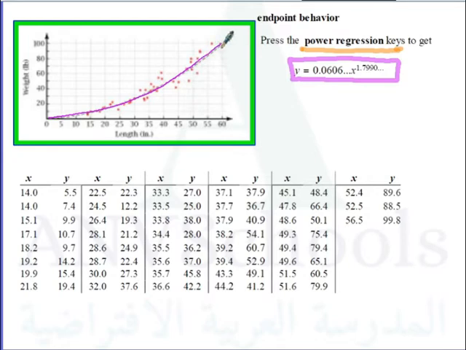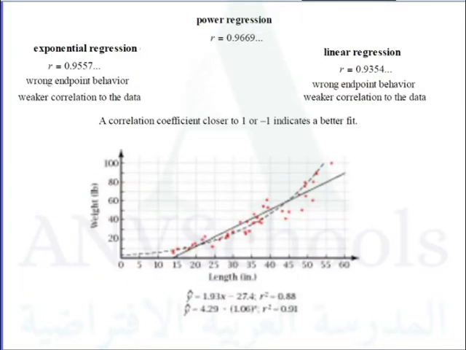As you can see, all of the points cluster into the curve. The power regression's correlation is strong, as compared to when we run the linear regression and the exponential regression.